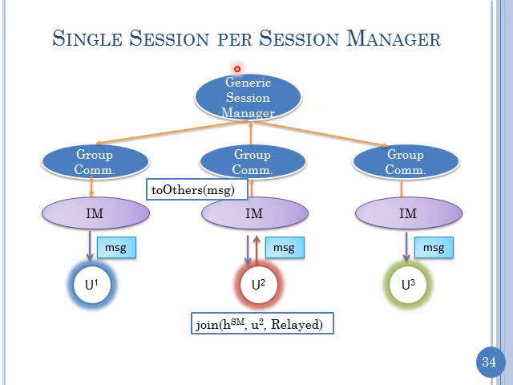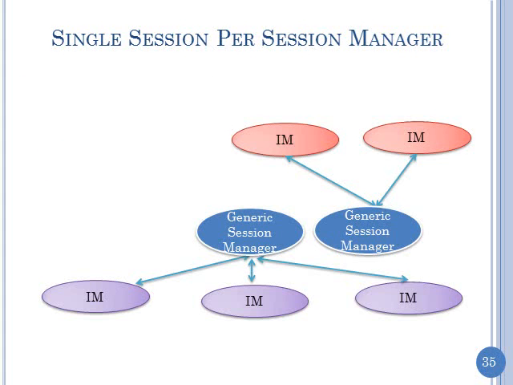We took our IM session manager that we ran for our particular application. Every time we were going to come up with a chat session, we were going to run our own server. We replaced that with a generic server. So the question now becomes, what happens when there are multiple sessions around? That's the situation you were talking about, where you had a philosophy chat room and a video game chat room. I'm assuming these are somehow contrasting things.